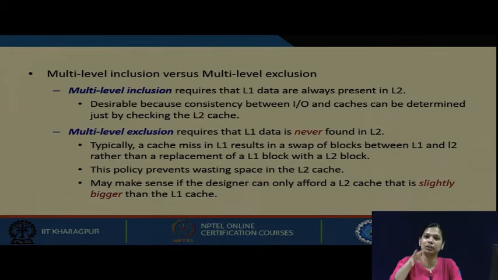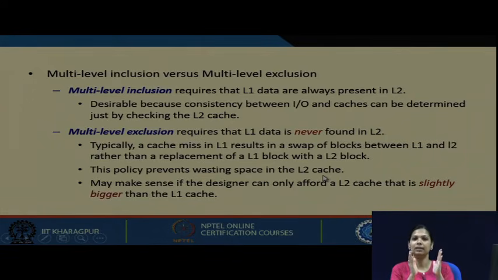So, whatever is there in L1 is not there in L2. Typically, a cache miss in L1 results in a swap of blocks between L1 and L2 rather than replacement of the L1 block with the L2 block. So, there is no replacement, rather you are bringing a block from L2 to L1. This policy prevents wasting space in the L2 cache.